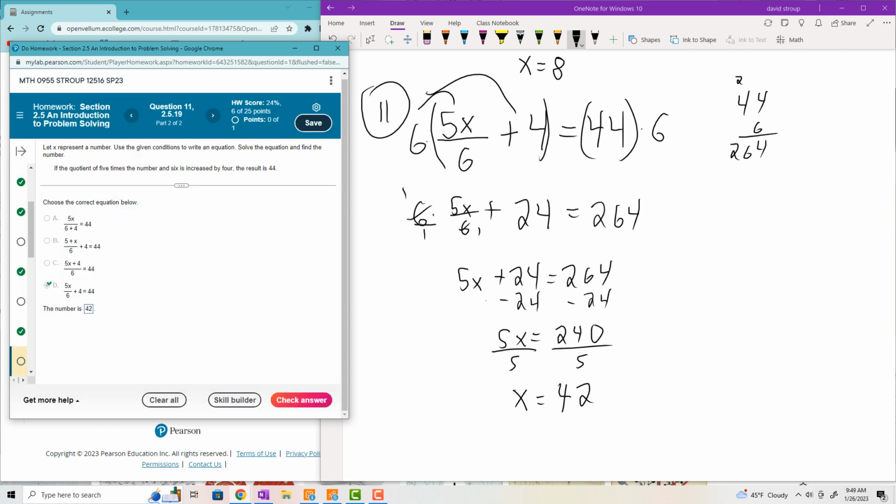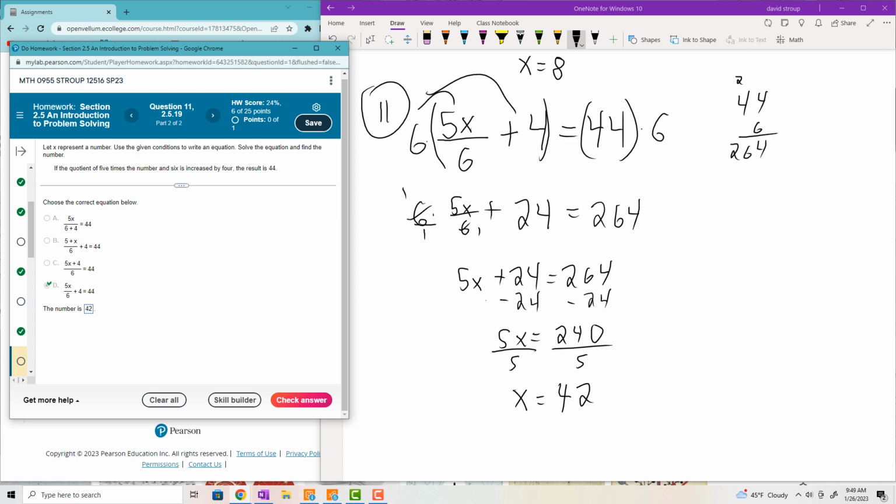Hmm, I must have mismultiplied or something. Something idiotic, no doubt. That's what I get for doing stuff in my head, I guess. All right, so 5x, 44. Multiply by 6. Did I screw up my multiplication? 6 times 4 is 24.